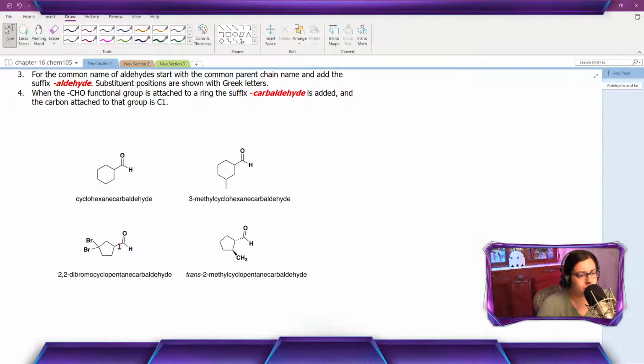Because this is in the 1, so this would be in the 3. So I think this is supposed to be 3, 3. Because this is 1 and 2, so weird typo there.